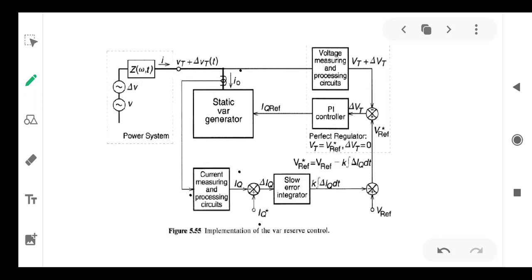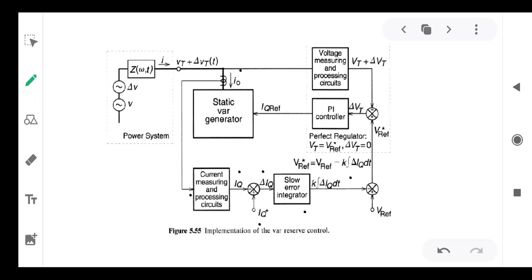This loop will get the delta IQ, the change in reactive current, which is passed through the slow error integrator. The output of the slow error integrator is taken as k times the integral of delta IQ dt.